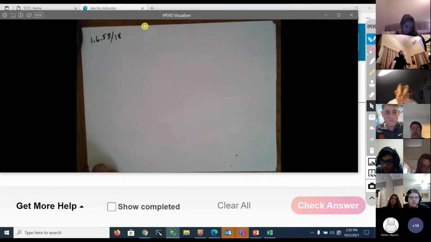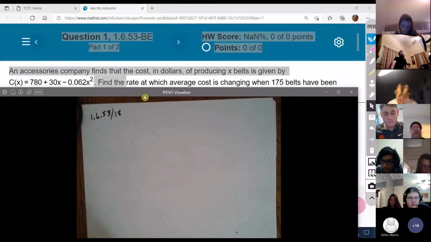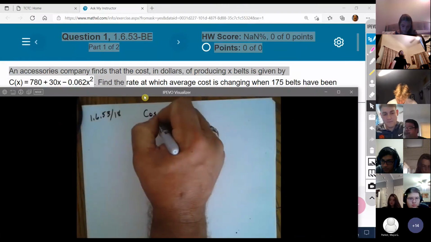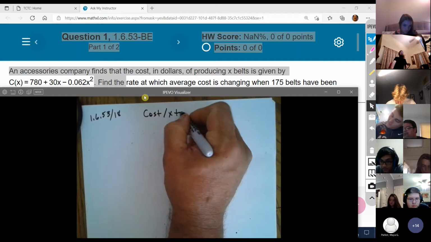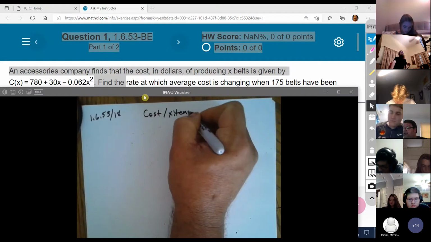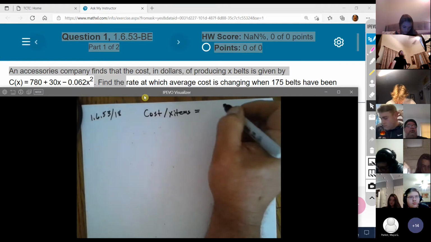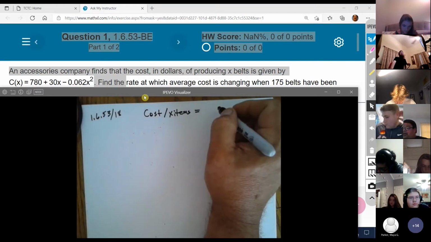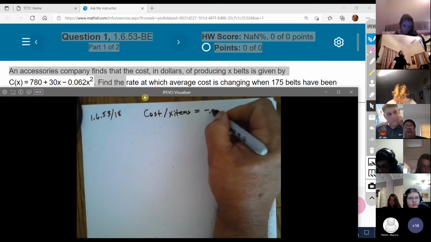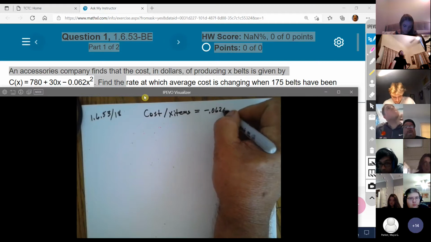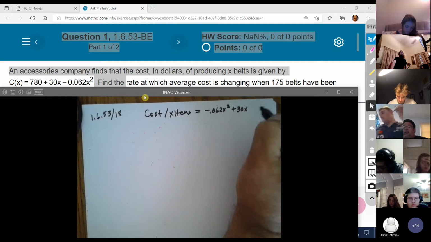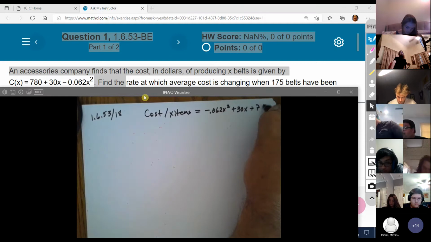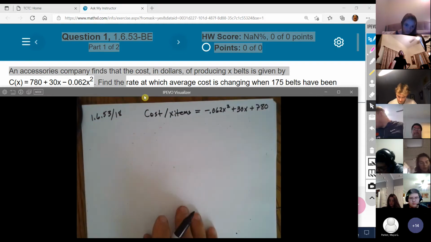The cost per x items is equal to -0.062x squared plus 30x plus 780. Okay, so that's the cost.